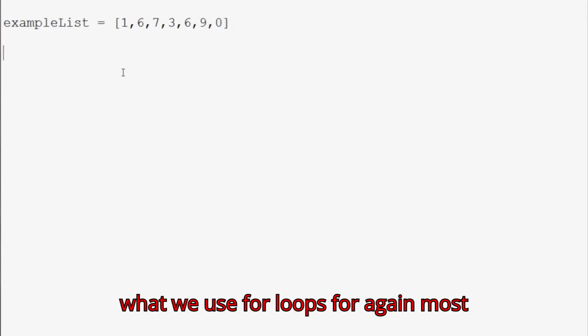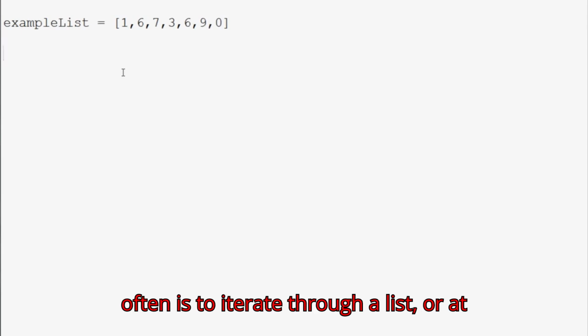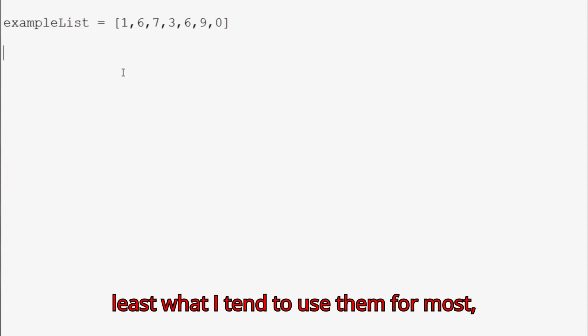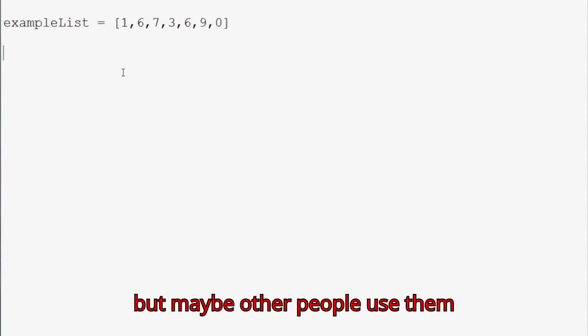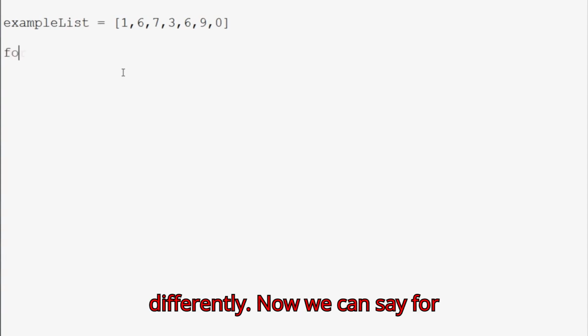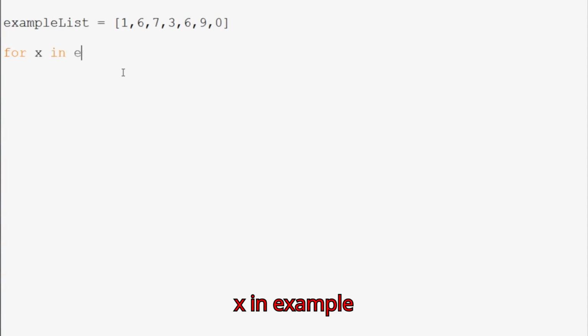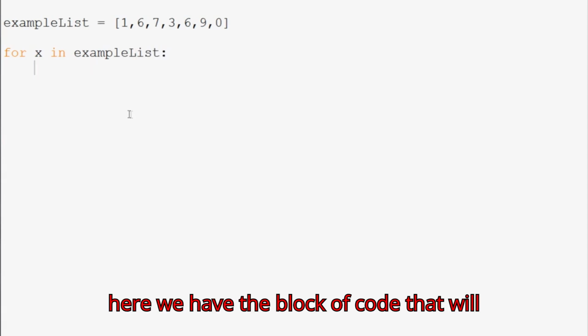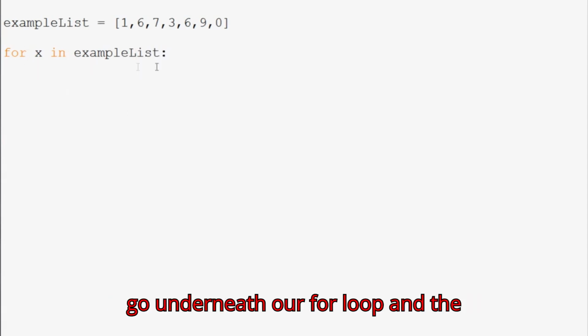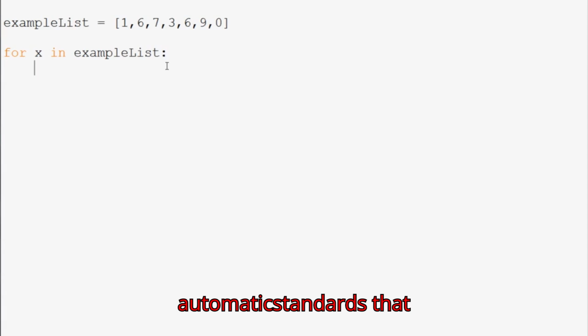Now, what we use for loops for, again, most often is to iterate through a list, or at least what I tend to use them for most, but maybe other people use them differently. Now we can say for x in example_list, colon, enter, and here we have the block of code that will go underneath our for loop, with the automatic indentation that comes with Python.